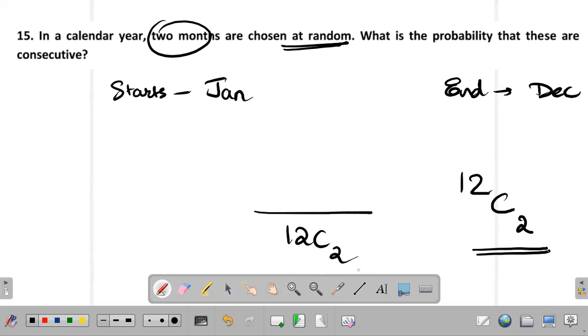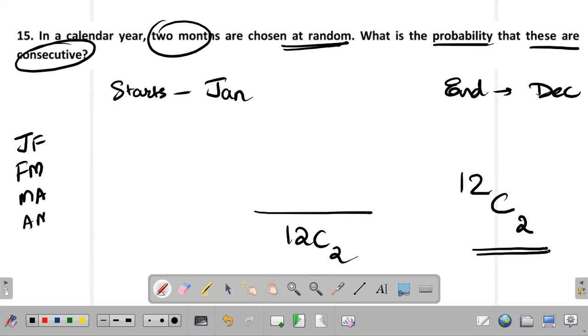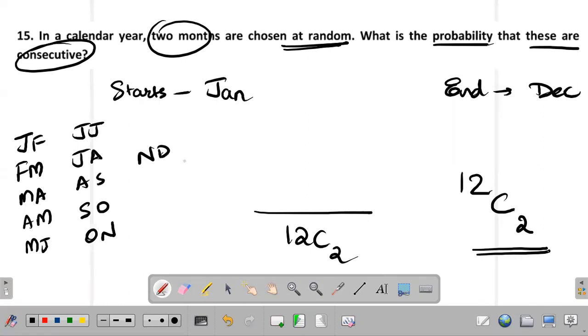In that, the question is, what is the probability that these two selected, they are consecutive? Can you tell me consecutive means what? Jan, Feb, continue. Feb, March, March, April, April, May, May, June, June, July, July, August, August, September, September, October, October, November, November, December.